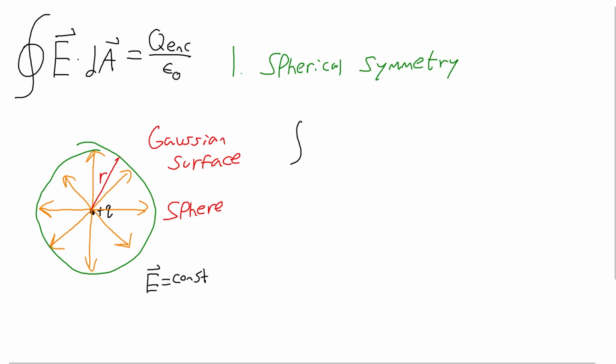So what this would look like is Gauss's law on the left-hand side simply becomes a surface integral.